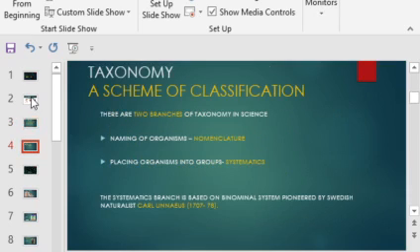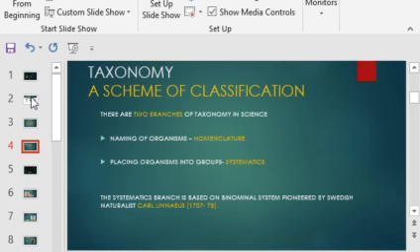Alright, so as we continue, if you have not yet known about the term taxonomy, we will learn that today. A taxonomy is a scheme of classification, or you could say a guideline for classification.